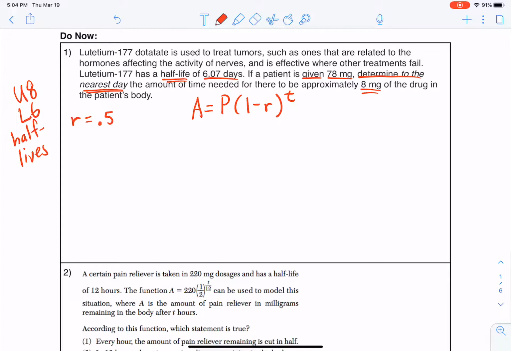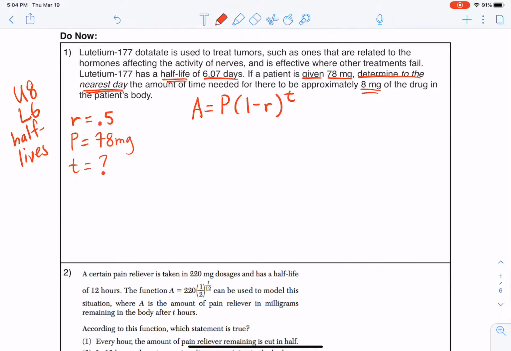Now, in this problem, we need to think about what is the amount of medicine the patient started with. And it's 78 milligrams. We're interested to find out what is the time to the nearest day.